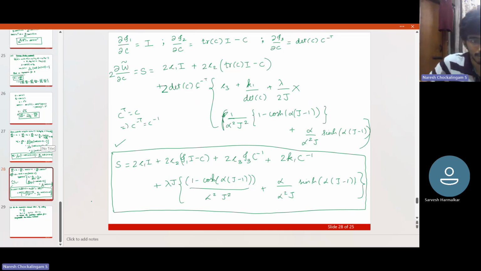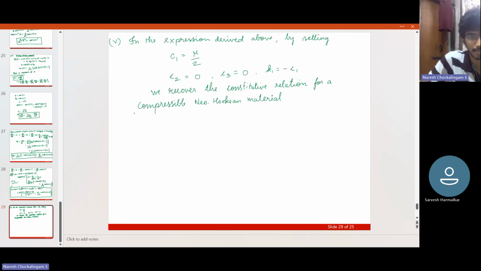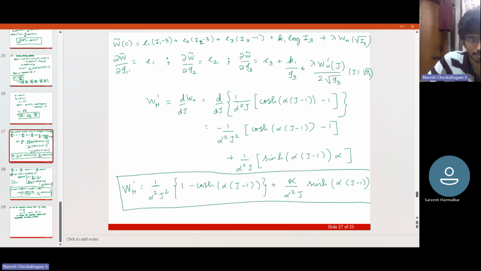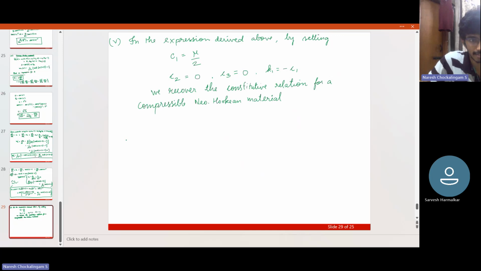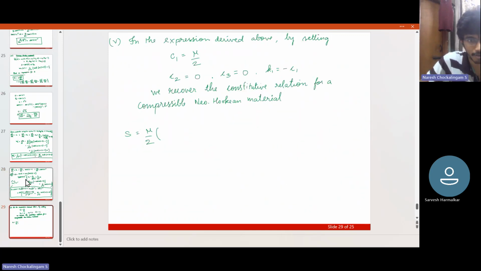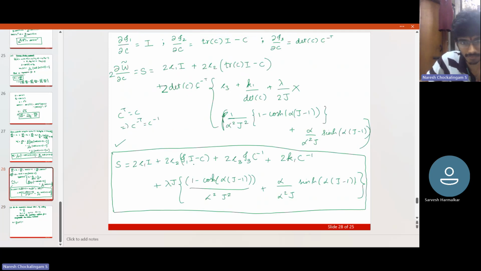Okay, anyway, no problem. We can proceed further. So by setting this, let's see what we get. The first term is C1, which will be mu by 2. So we get S is equal to mu by 2, 2 C1 I, so you get a I, plus C2 is 0, the second term will not contribute.